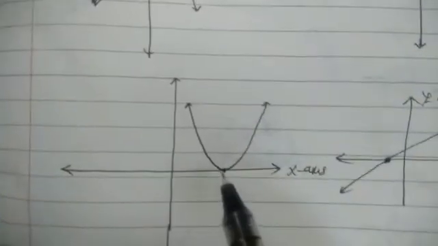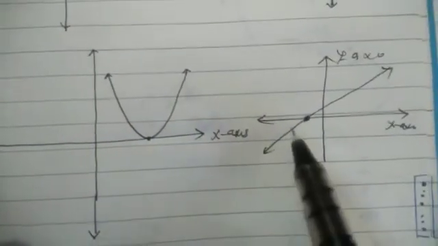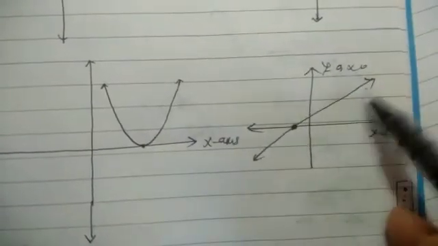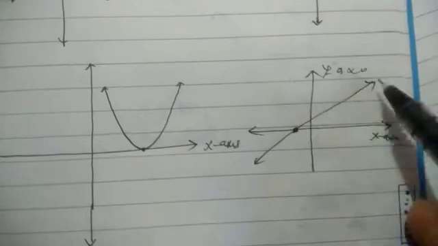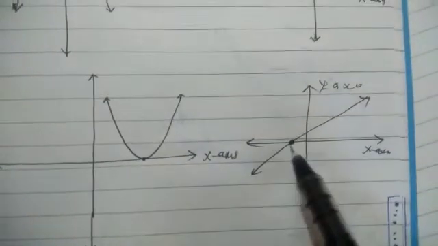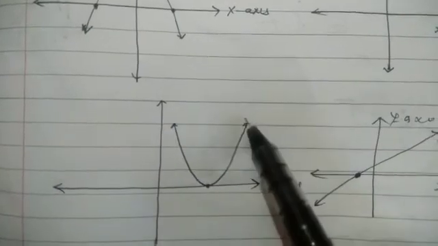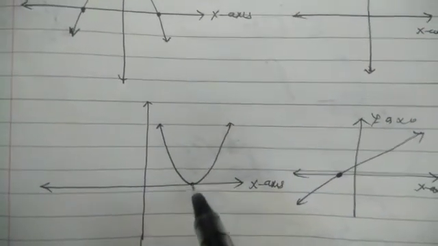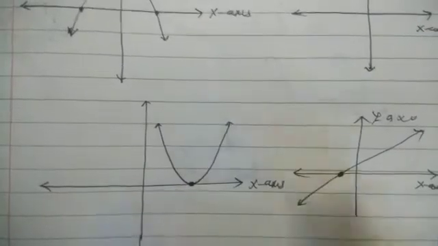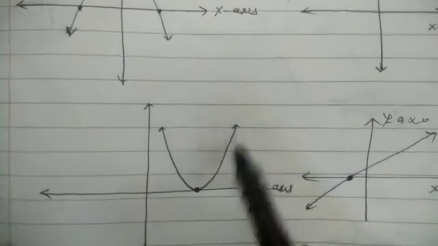Now if you see here, this graph also intersect x-axis at 1 point. Then what is the difference? The difference is that if there is a straight line, this always represent a linear polynomial, so it has 1 zero. And if the graph is curved but it intersect at 1 point, so it has also 1 zero.